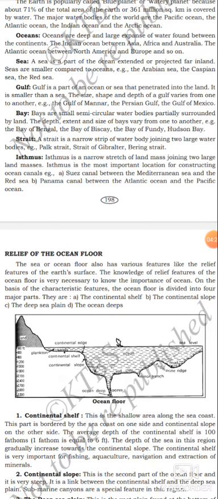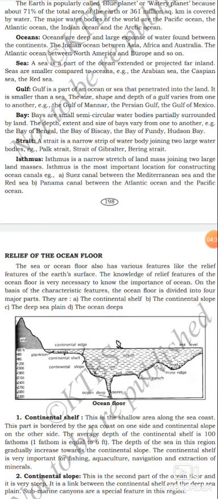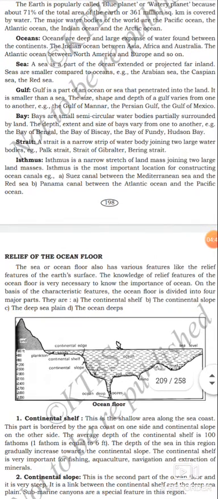The depth, extent, and size of bays vary from one to another. Let's see examples: the Bay of Bengal, the Bay of Biscay, the Bay of Fundy, Hudson Bay, etc.